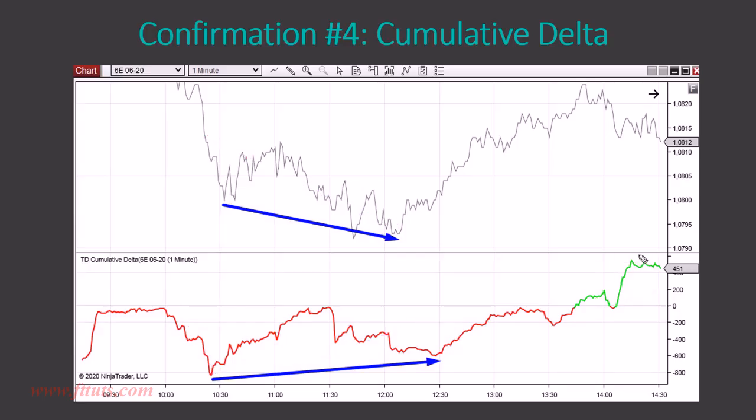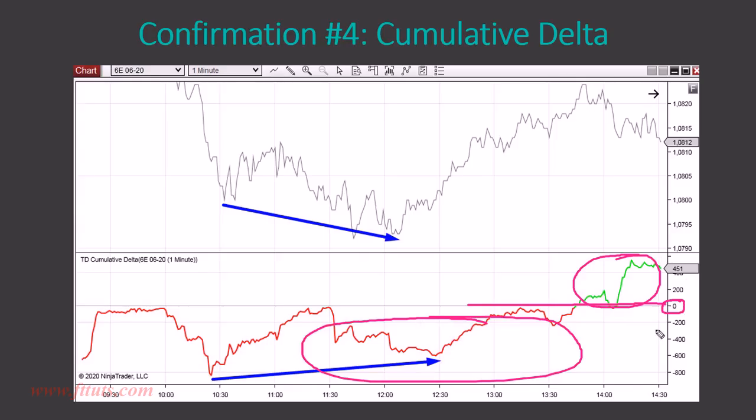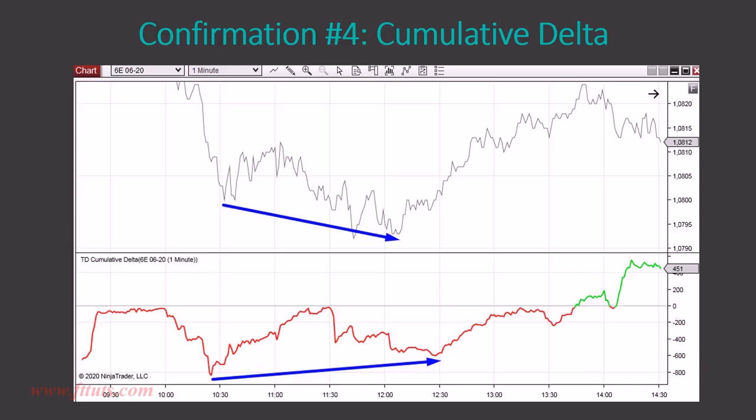It only shows green when it's above zero, when the cumulative delta for the whole day is positive, and it shows in red when the cumulative delta for that given day is in negative numbers. But I don't really think that this information is useful, at least not for me. I only look for the divergences.